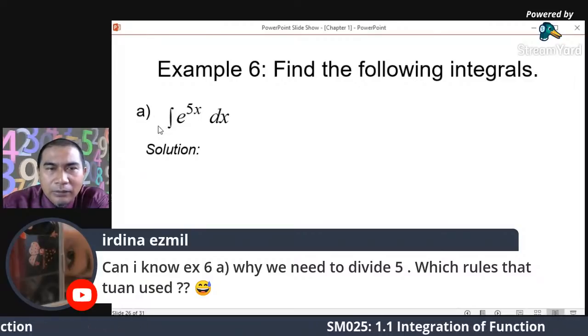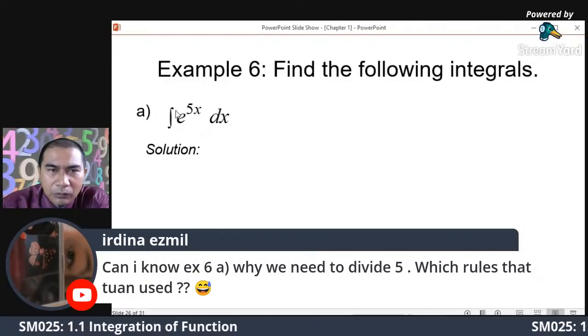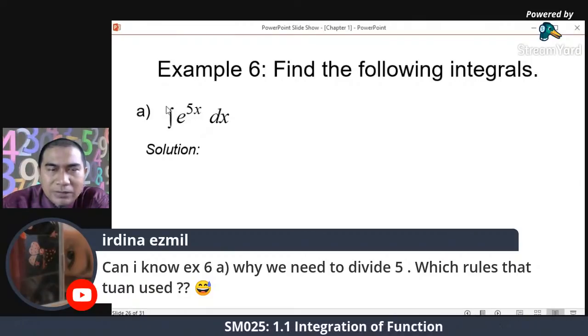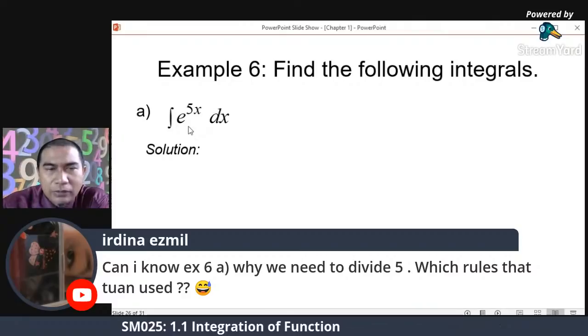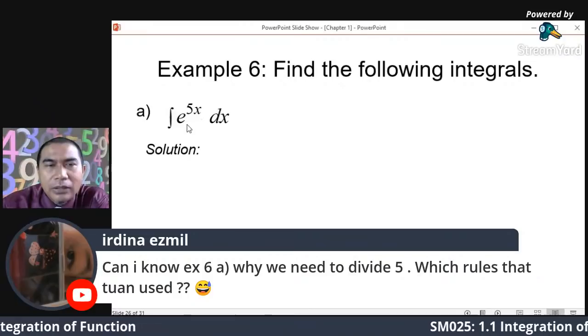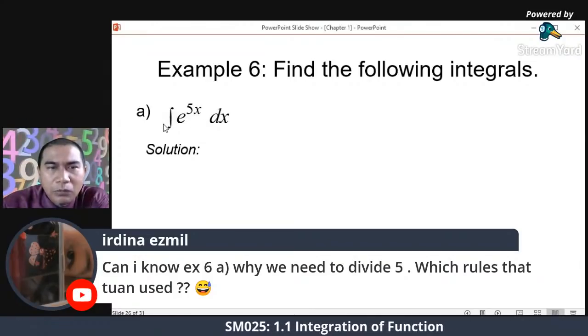That means we have to change the form: when we put 5 in front, we already changed the overall question, so we have to make sure it's the same as the question given. So we have to multiply with 1 over 5.